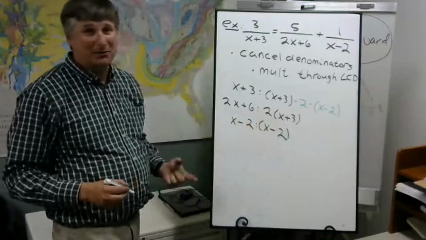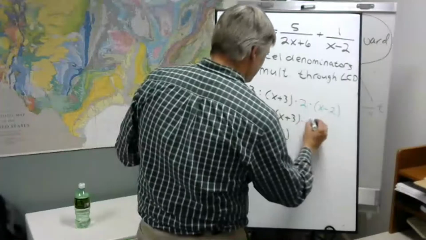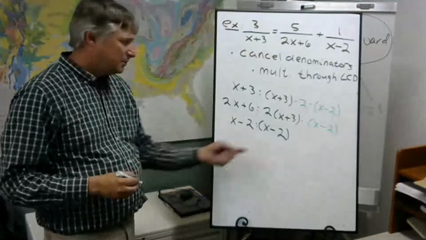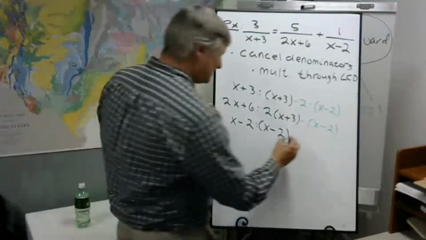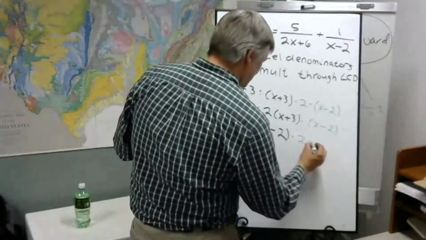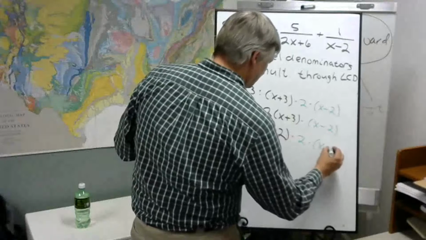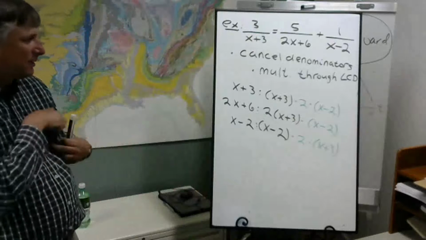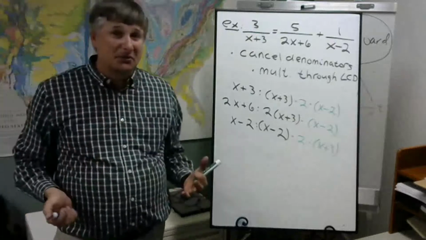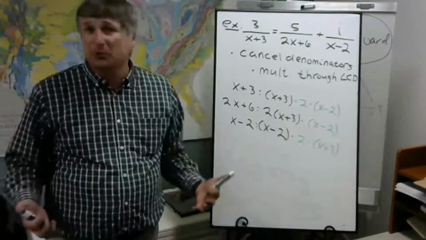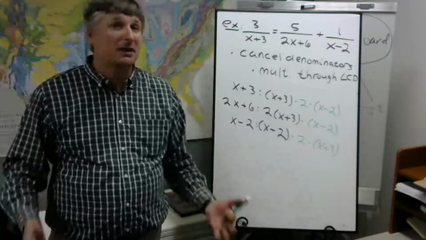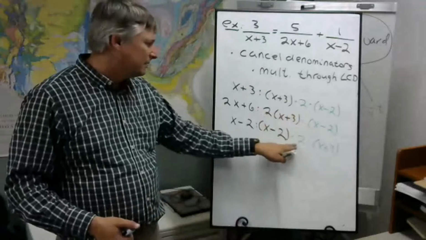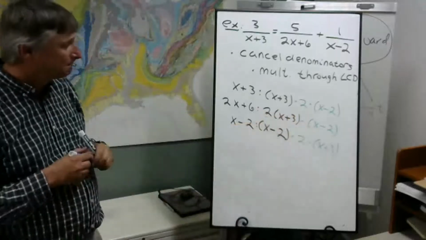It's missing an x minus 2. This one has an x minus 2, but it's missing the 2, and it's missing the x plus 3. And now the listings are the same. There are the same first degree binomials and the same constants that are floating around. And a floating constant would be like this 2 here.